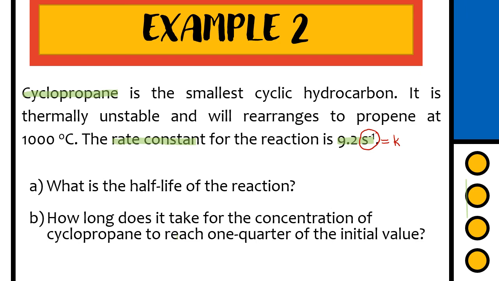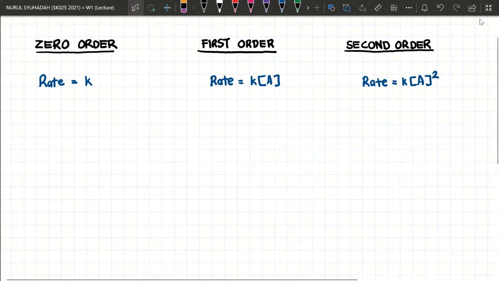So if the unit is per second, s^-1, which order of reaction does it belong to? Before we proceed with answering the question, I want to show you the unit for all the orders of reaction: zero, first and second. Here you can see the orders of reaction with their rate laws.